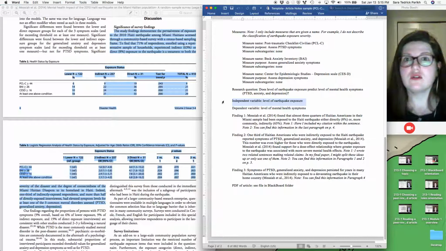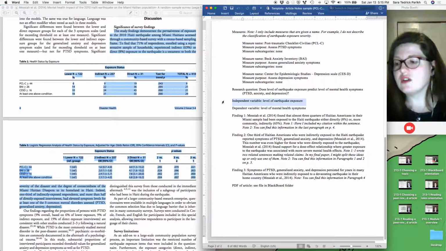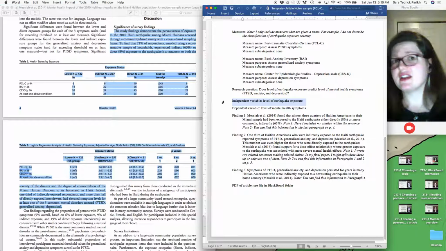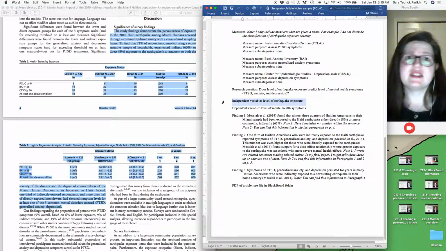We have no true experimental studies in grief, or very few, because if we're comparing grieving and non-grieving people, I'm not going to decide whose grandma gets to live. So some things you just can't study through manipulations, but that's still your independent variable if that's how you're dividing the groups, or if that's really the starting point difference you're looking at.